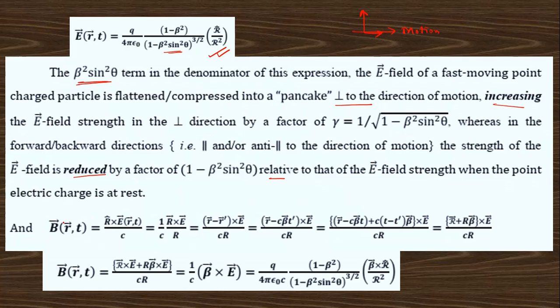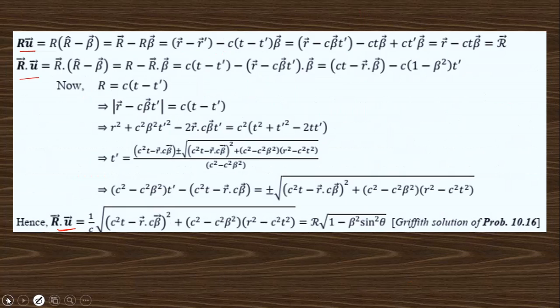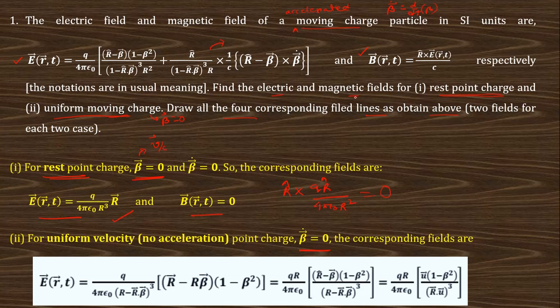And for the corresponding magnetic field, just use this relation, and using this electric field you get the value of the magnetic field like that. So we get the electric field and magnetic field for the rest charge and the uniform moving charged particle.